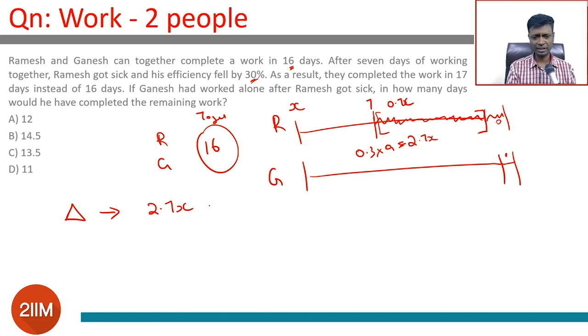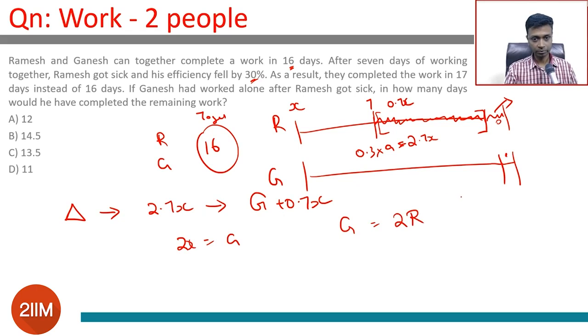This 2.7x is being compensated by 1 day of Ganesh plus another 0.7 of Ramesh, because the last day, the 17th day, he also works, at reduced efficiency, but he's still working. Or 2x equals g, or g is twice as good as r.